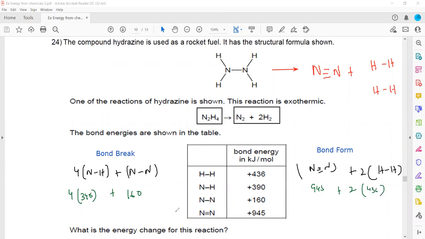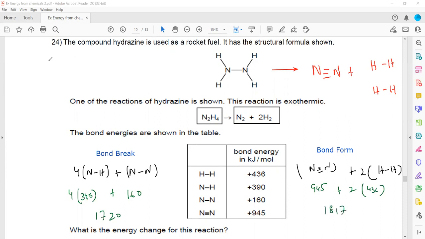So when we solve 390 times 4 plus 160, that is 1720. Bond forming, that is 2 multiplied by 436 plus 945, equal to 1817.